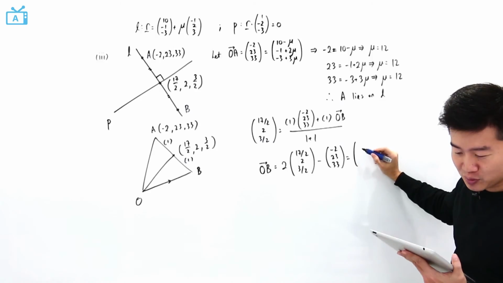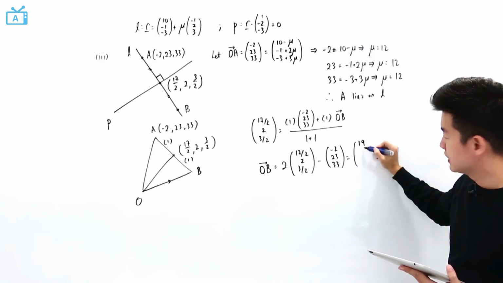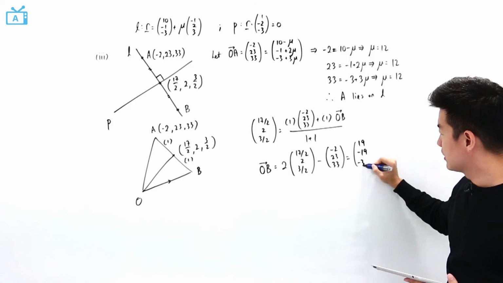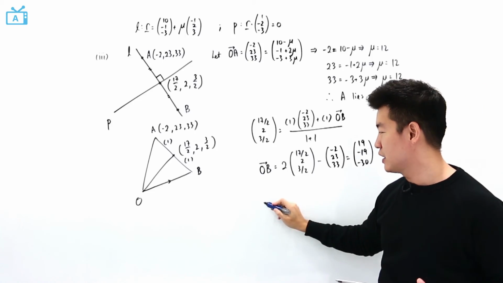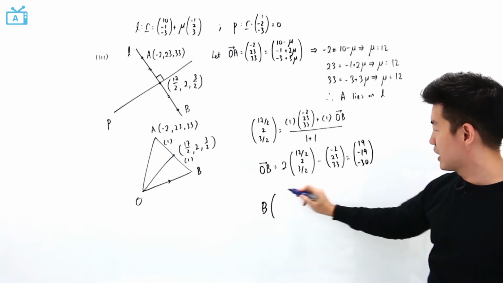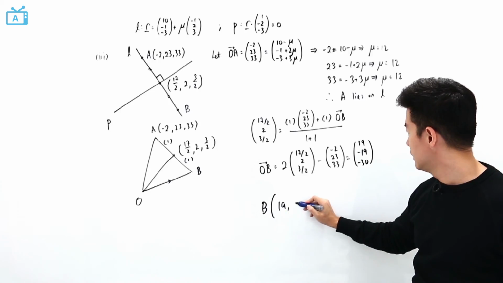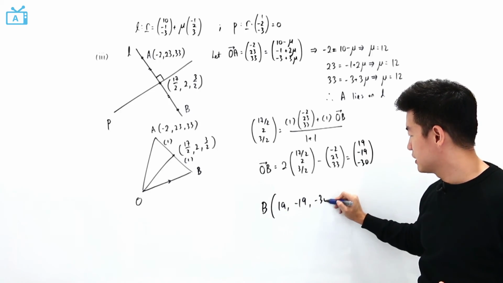So OB is going to be equal to (19, -19, -30). That is why the coordinates of B can be expressed as (19, -19, -30).